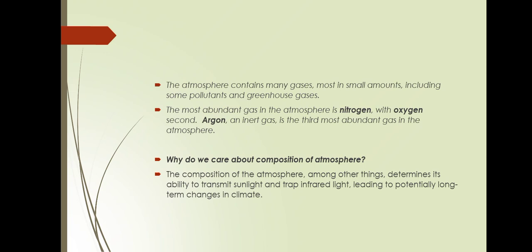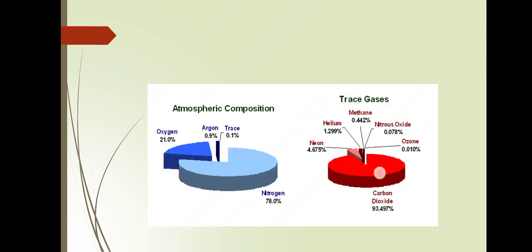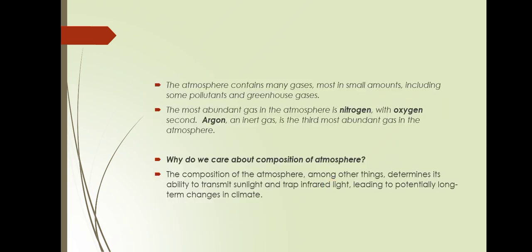It means that our atmosphere, which consists of a lot of gases, determines the ability to transmit light, which leads to long-term changes in climate. So the determination of climate change is the basic purpose of studying the composition of the atmosphere.